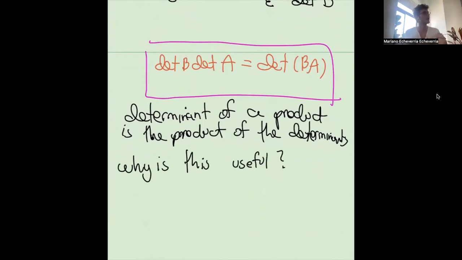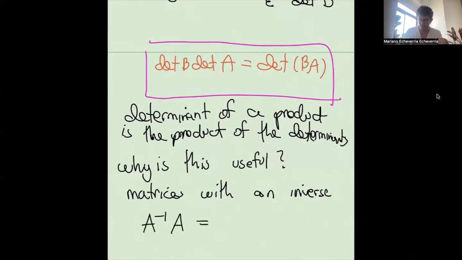Well, let's think about the matrices that had an inverse. If you remember, a matrix that had an inverse, what was the property of the inverse of a matrix? It was that A inverse times A equals the identity matrix, right?